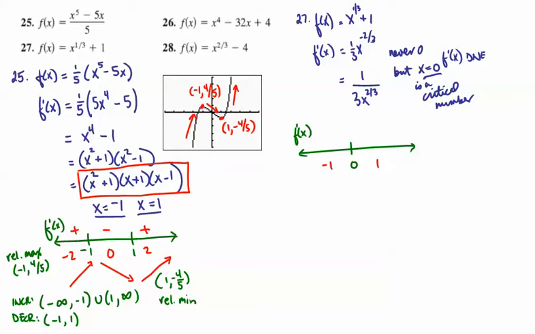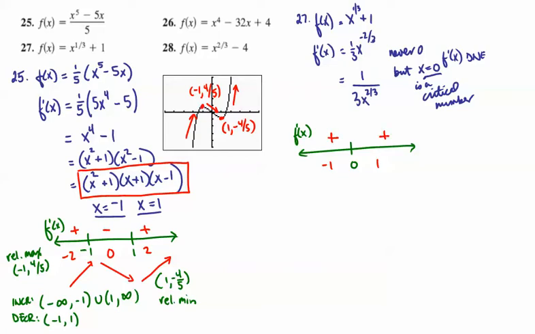Now there's no factored form here. Because x is to the 2/3, we're always going to get a positive value from that. Remember, a rational exponent is power over root. And so if it's the second power, then it will always be positive. And so this is going to turn out to be positive, positive.